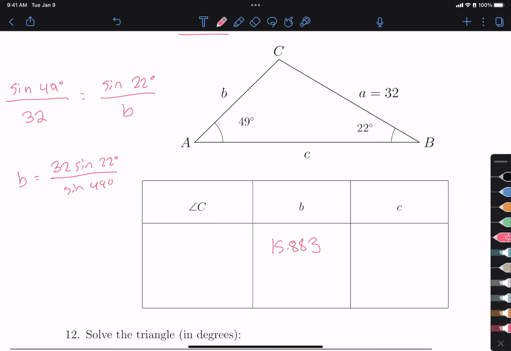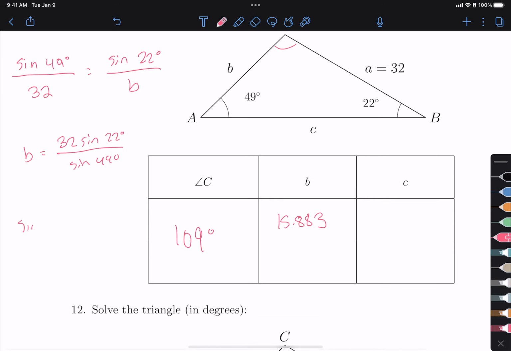Now, we can solve for angle C right now because we know that the inside angles of a triangle must add to 180 degrees. So we're going to take 180 minus 49 minus 22, and we're going to get that angle C is 109 degrees. So that means that the sine of 109 degrees divided by C is equal to the sine of 49 degrees over 32.